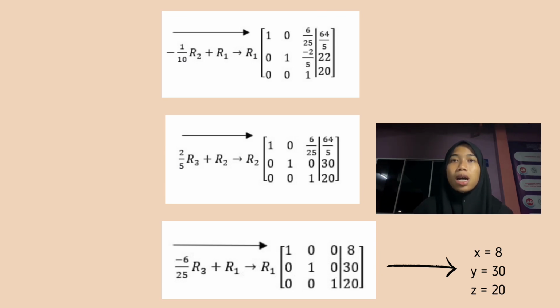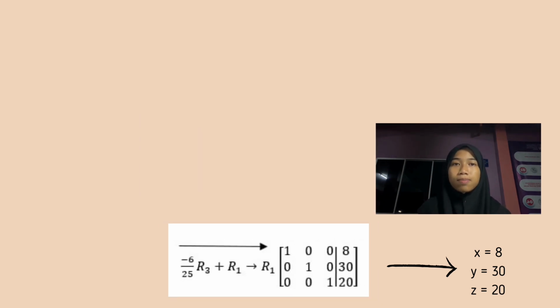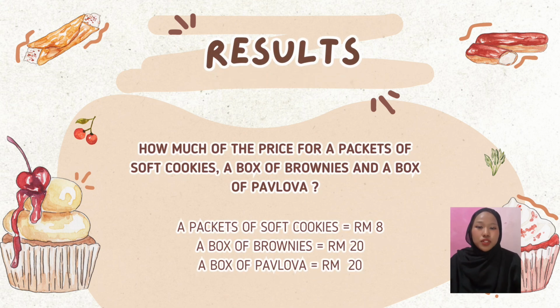So the answer is 0, 1, 0, 30. The next step is we want to change R1. The calculation is negative 6 over 25 R3 plus R1. So the answer is 1, 0, 0, 8. So we get the final answer: x equals 8, y equals 30, and z equals 20.